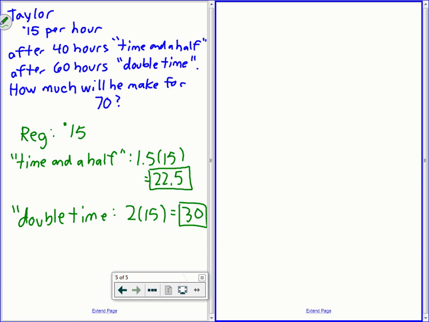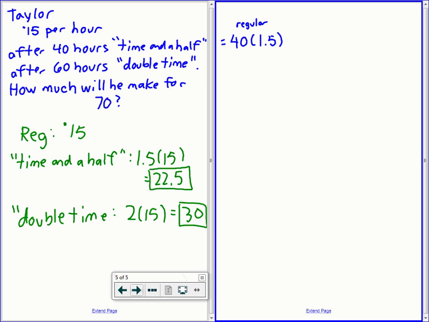Okay, so it says after 40 hours you get time and a half. How many hours at regular time are we going to have then? How many hours at $15 an hour are we going to have? 40. Okay. So we're going to have 40, and this is regular time. If it says from 40 to 60, you get time and a half.